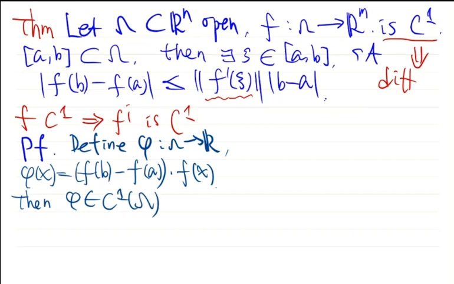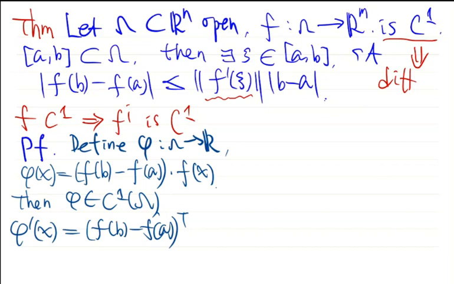Phi is a real valued function on omega, and the derivative of phi at any x is given by the transpose rule. Remember our transpose result? After we introduced differentiability, we proved the computation rules for derivatives.